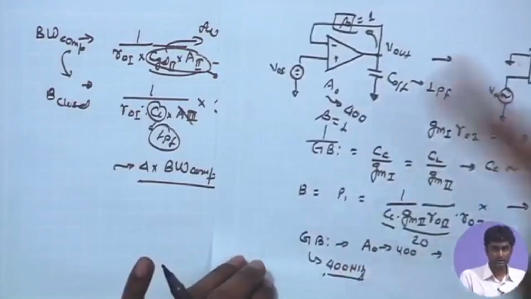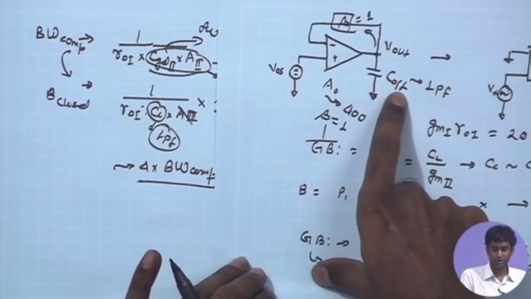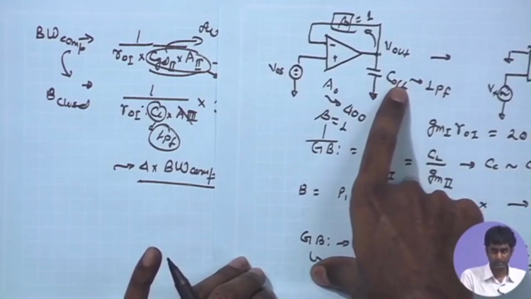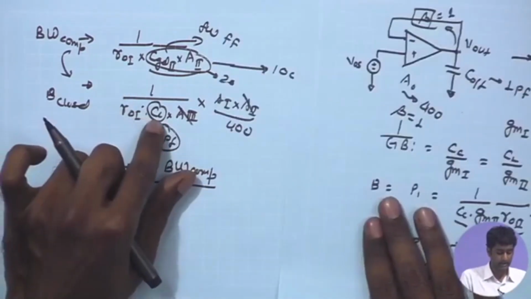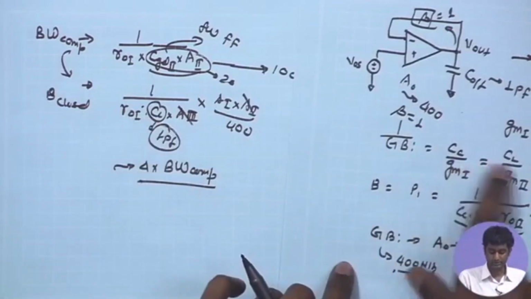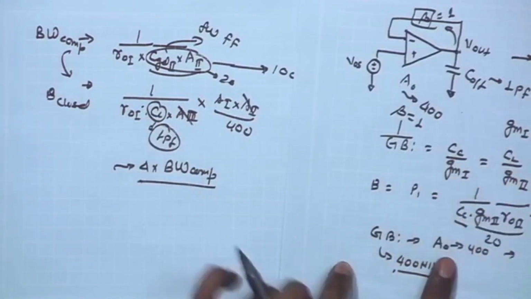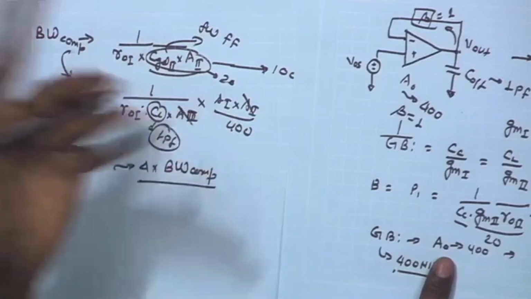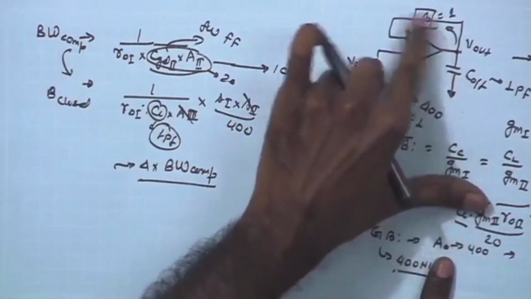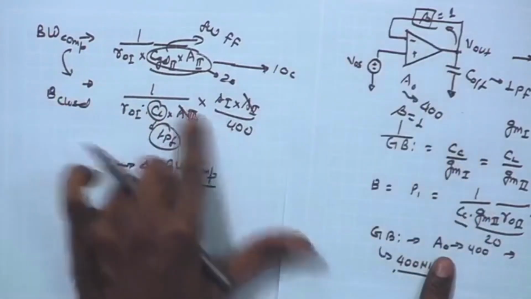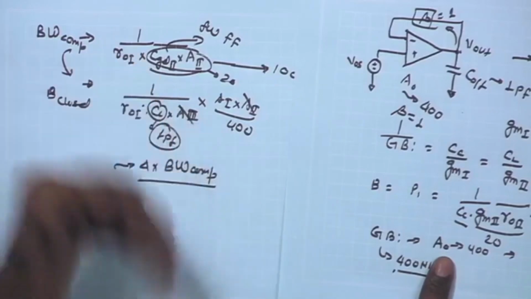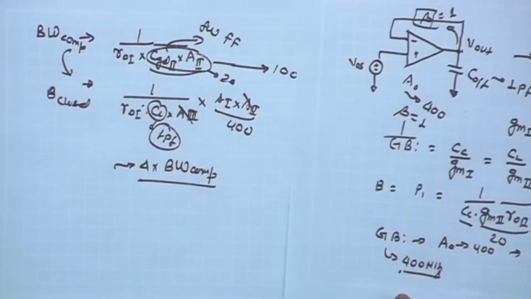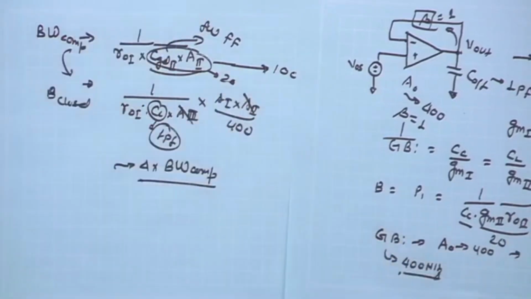So, as we go on increasing the C offset for larger and larger precision, we need a larger CC, because remember the constraint CC upon GM1 equal to CL upon GM2, and that would mandate a larger value of the compensation capacitor, and hence it will reduce the closed loop bandwidth that we are getting from the compensation. So, of course, that trade off is always going to be there.